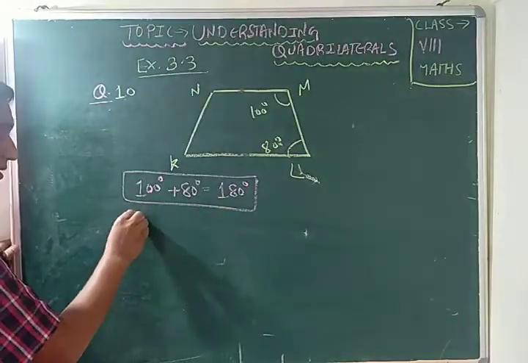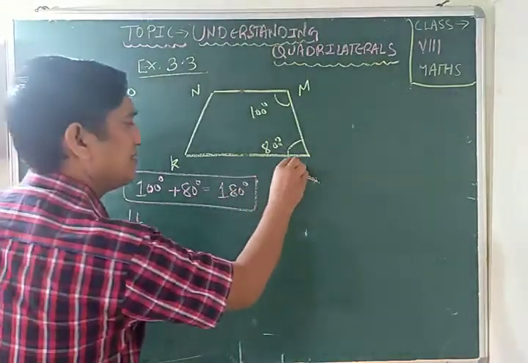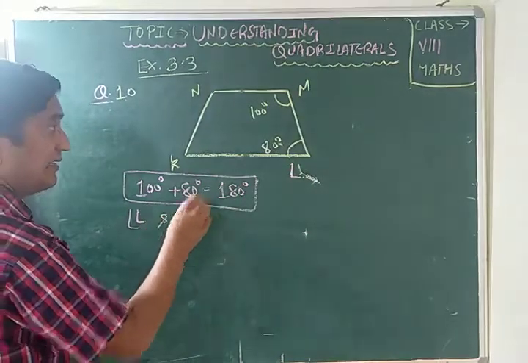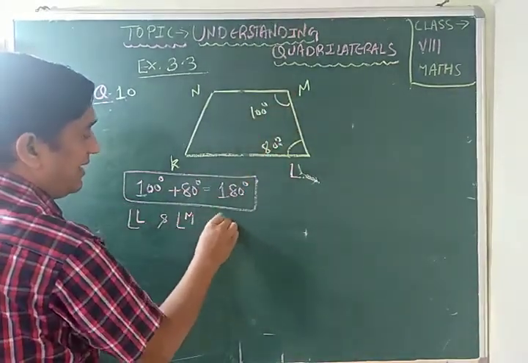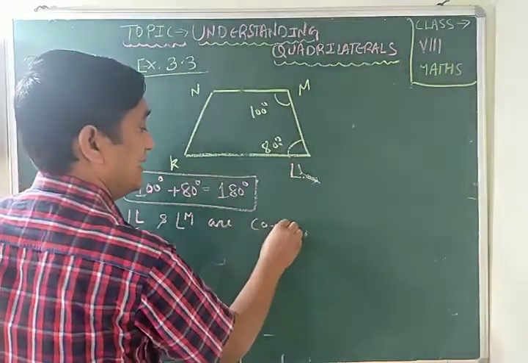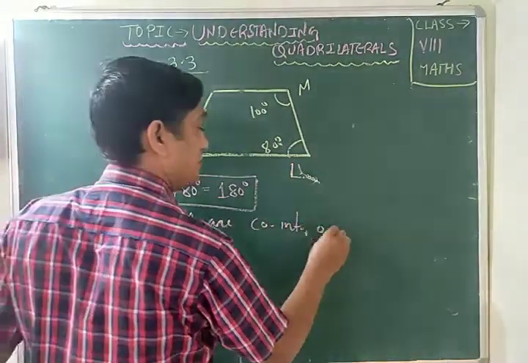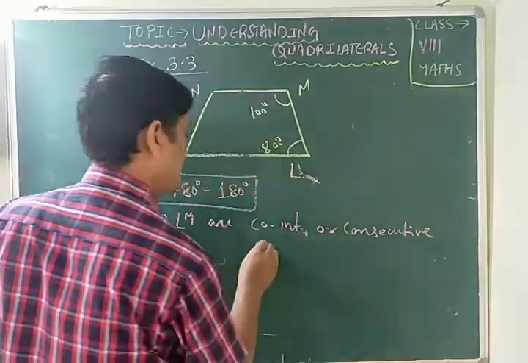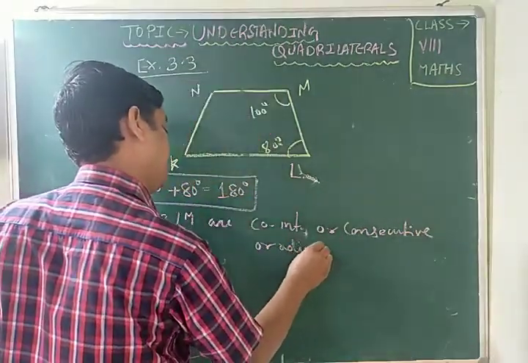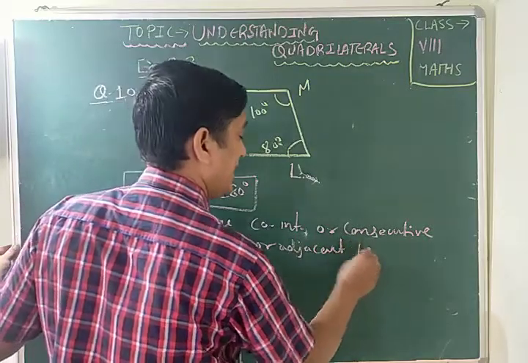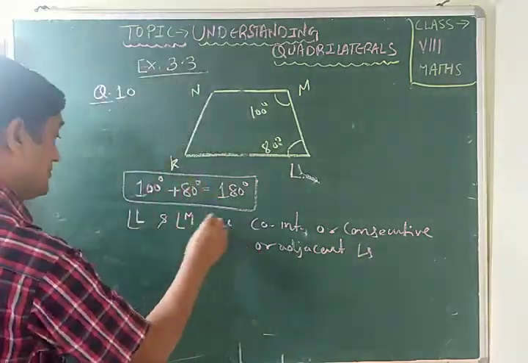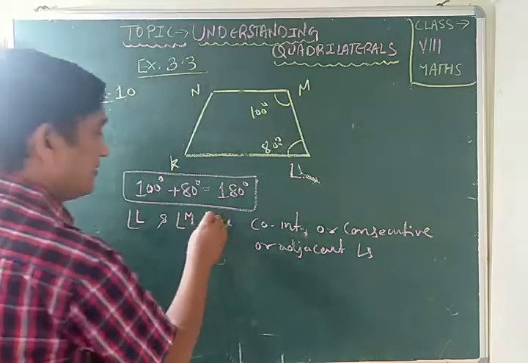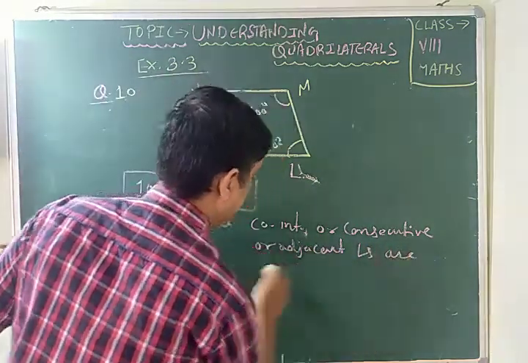This is angle L, and angle L and angle M are co-interior, or you can say consecutive, or you can say adjacent angles, and their sum is 180 degrees, so they are supplementary.